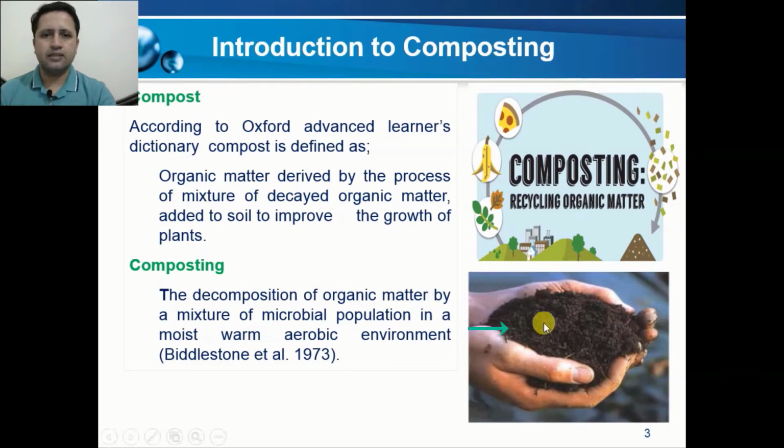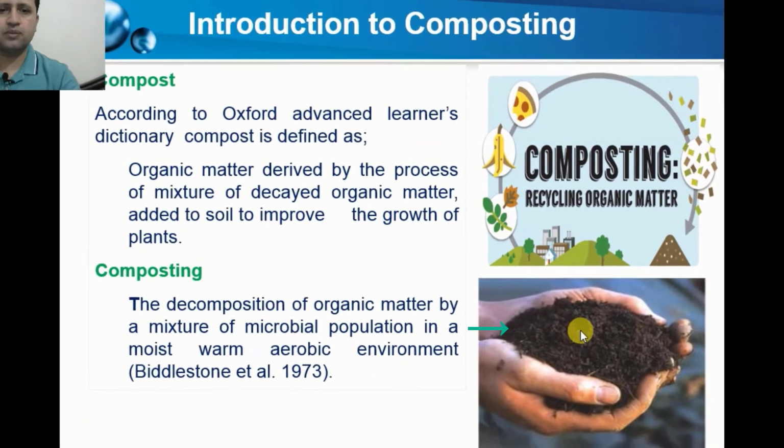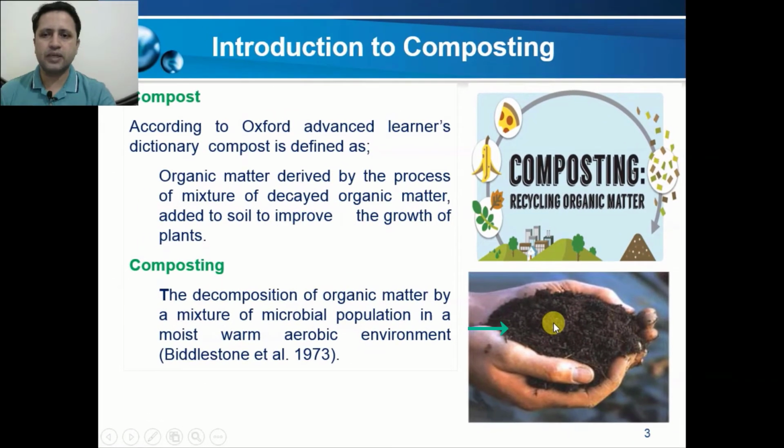And here you can see the example of composting process. It looks like soil material. Composting is the decomposition of organic matter by a mixture of microbial population in a moist, warm, aerobic environment. So it is called composting, and this product is called compost product.